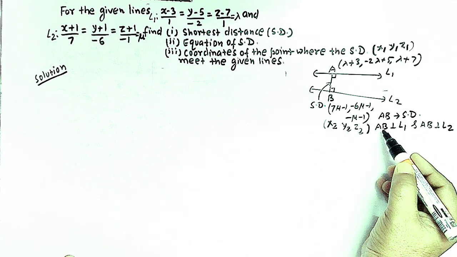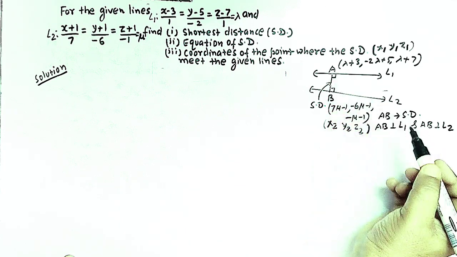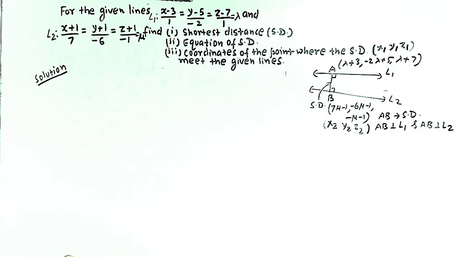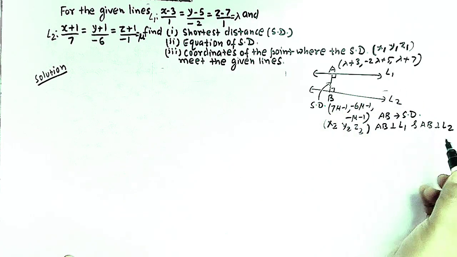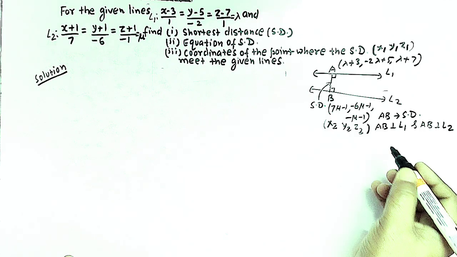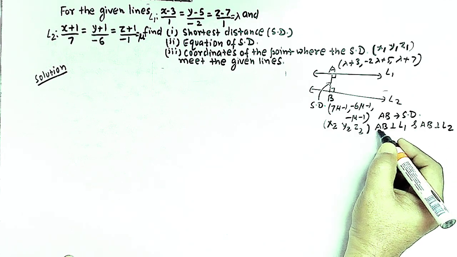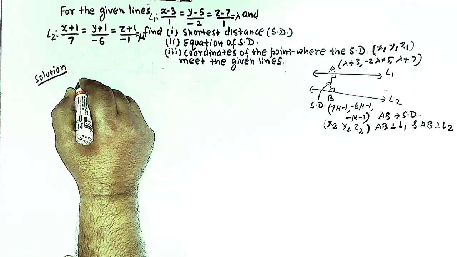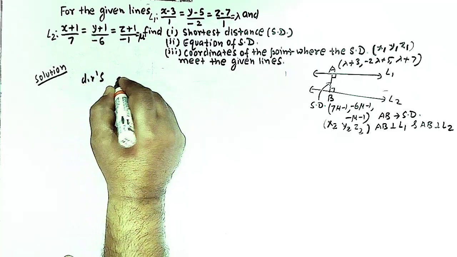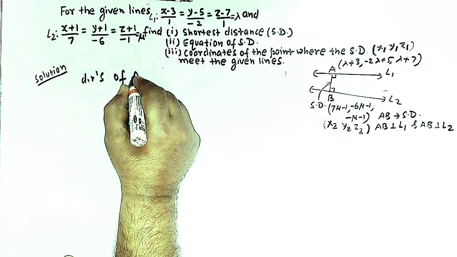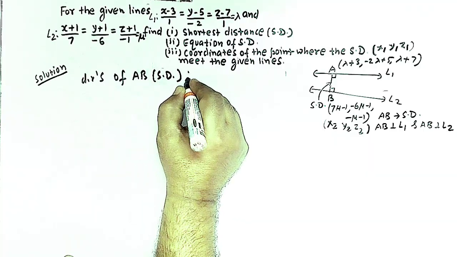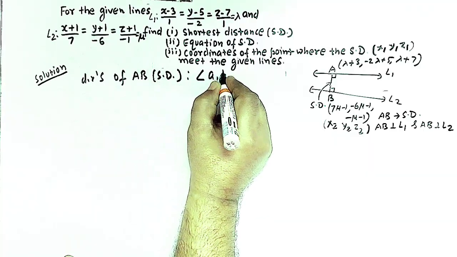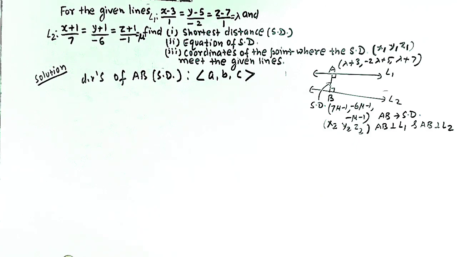Here AB, the line of shortest distance, is perpendicular to L1, and the line of shortest distance AB is perpendicular to L2, right? So if we have the direction ratios of the line of shortest distance, that is AB, as say A, B, and C, right?